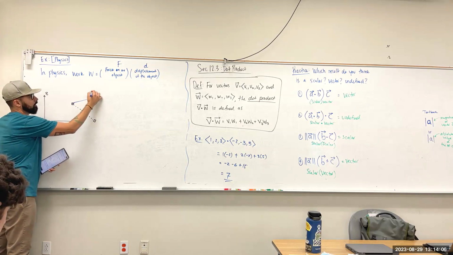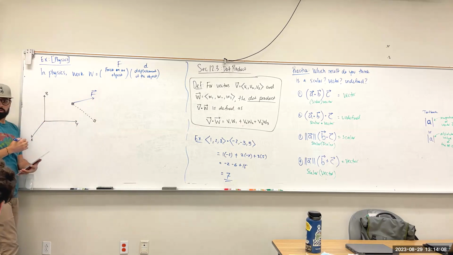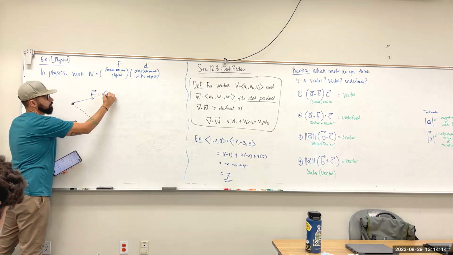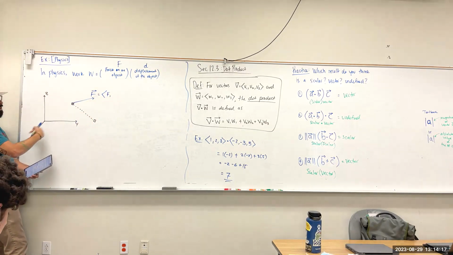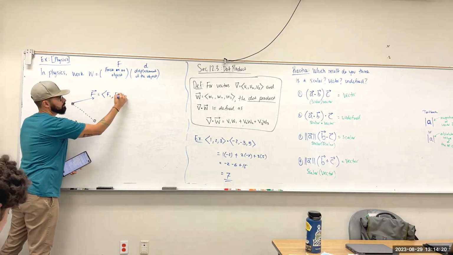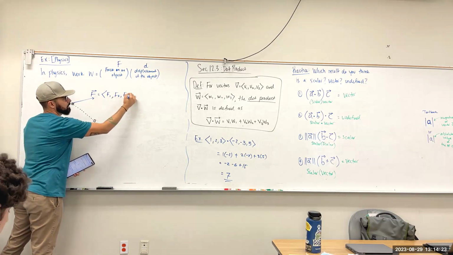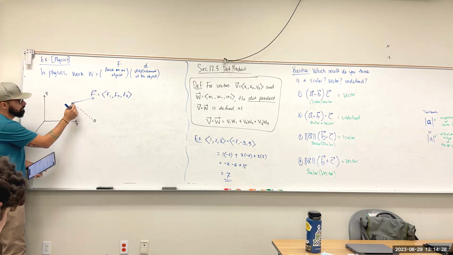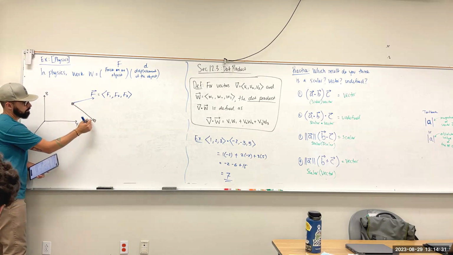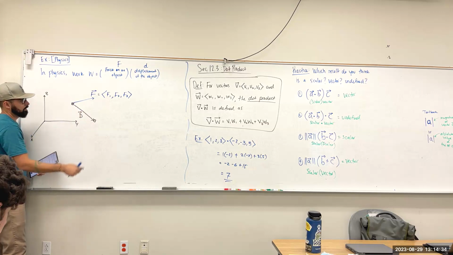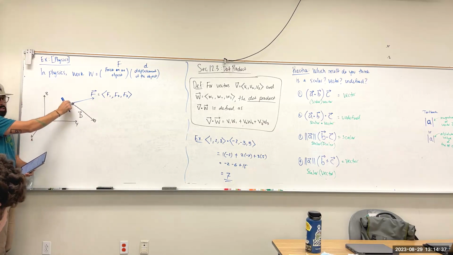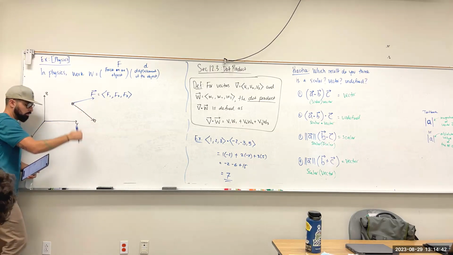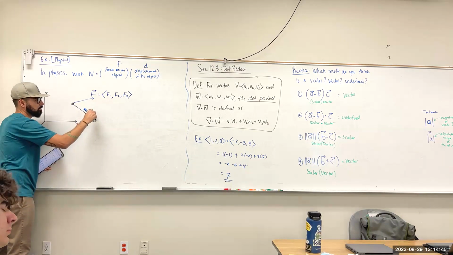So now you're going to have a vector representing the force. I think I mentioned that last week, where the first component is how much force is being applied in the x direction, then how much force in the y direction, and the force in the z direction. And then you're going to have your displacement vector. When the object moves to another point in space, it moves a certain number of x units, a certain number of y units, and so on.